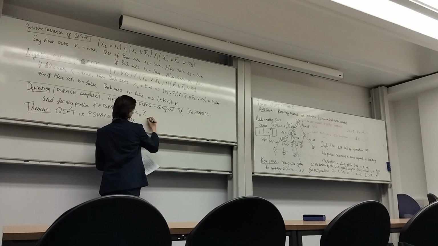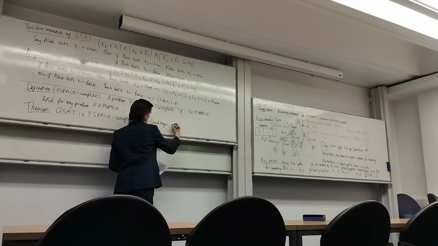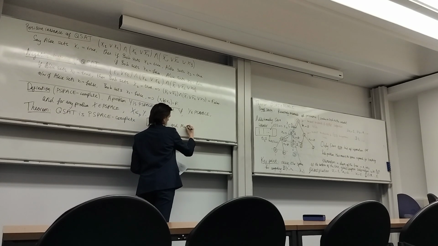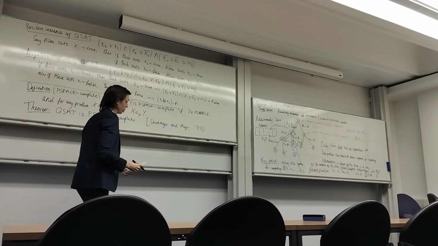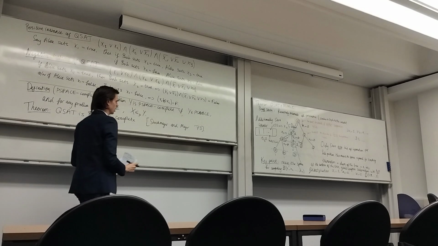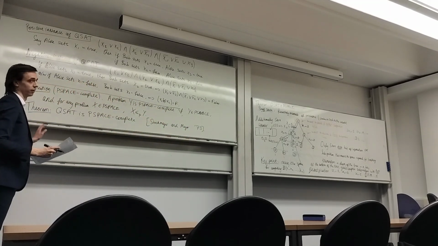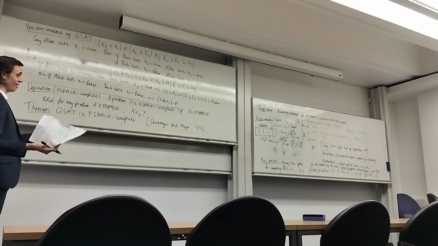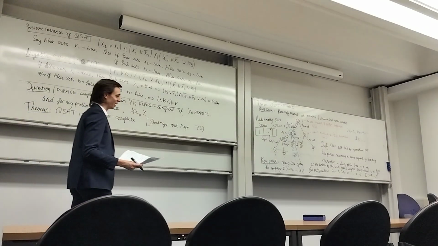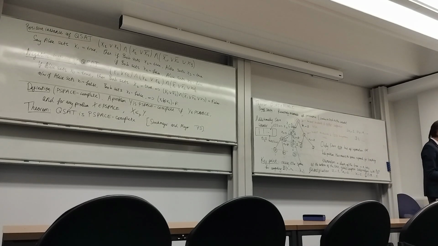It was first done by Stockmeyer and Meyer in 1973. We're not going to prove it. I think Matthias might point you to a reference to read about it if you'd like to know more. You do not need to know how this works. You're just going to take it on faith that QSAT is PSPACE-complete. So now we have a hard problem for PSPACE. It's our normal one. Really, the guts of it are hidden from you.